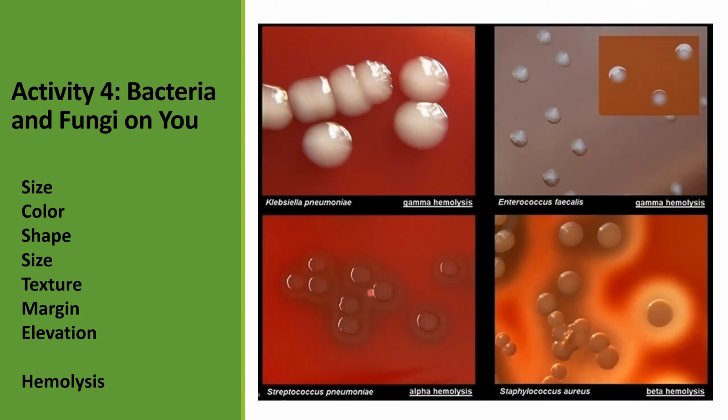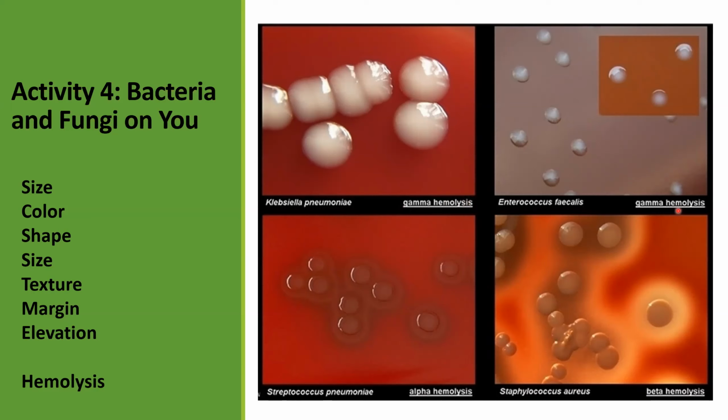And then you will also look at hemolysis of the bacteria. So is the bacteria using up the blood? The blood agar plate is usually made with either sheep or horse blood. So you want to see if the bacteria is consuming this blood, and that is referred to as hemolysis. When it is not consuming the blood, we call this gamma hemolysis.